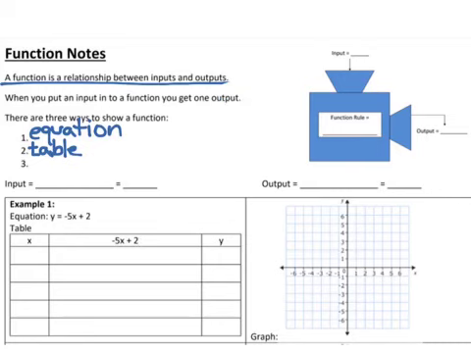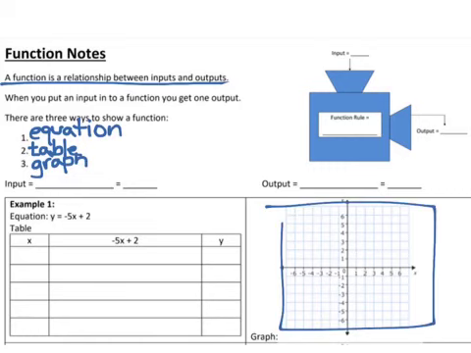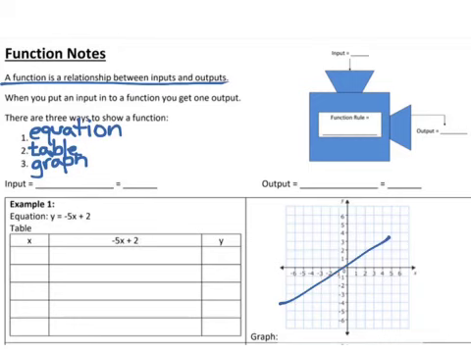And then the third and final way that we can represent a function is a graph. So we can always put our function on a coordinate plane, and sometimes a function may look like that. Sometimes it may look like this.